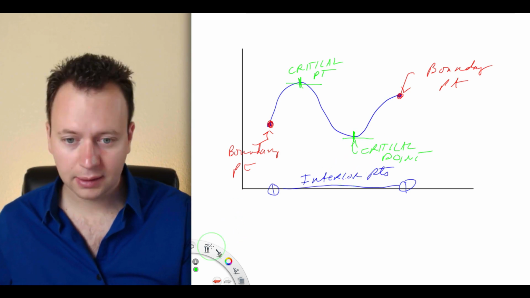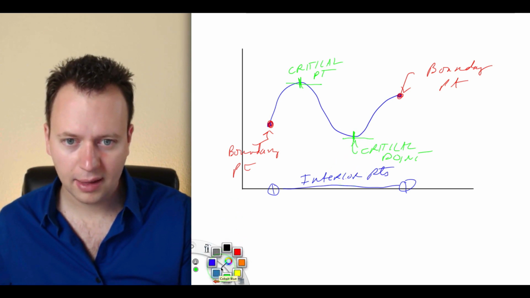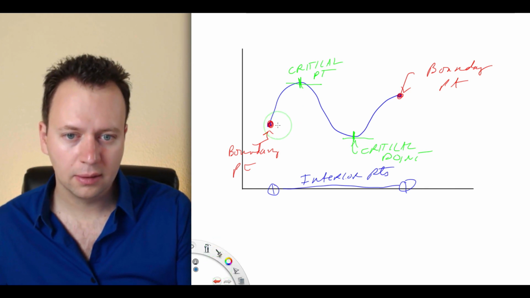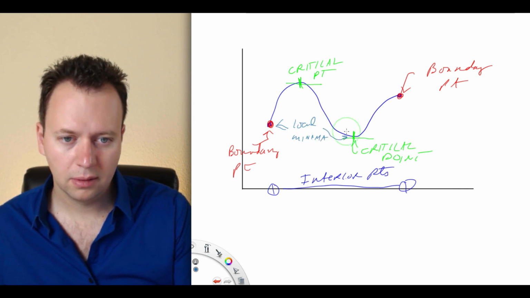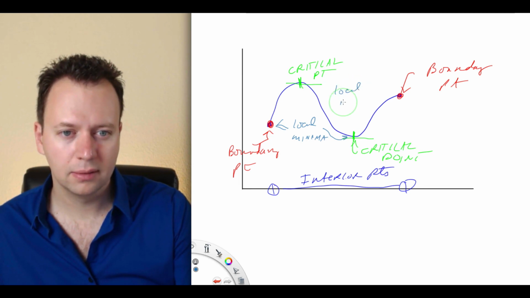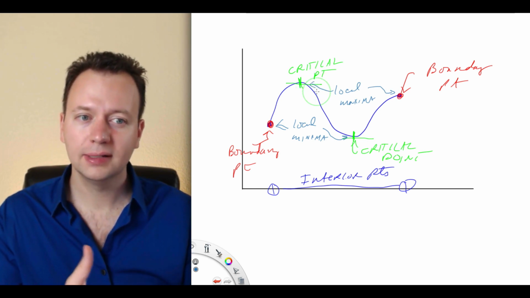Now notice next that the local minima and the local maxima occur at the critical points and the boundary points.